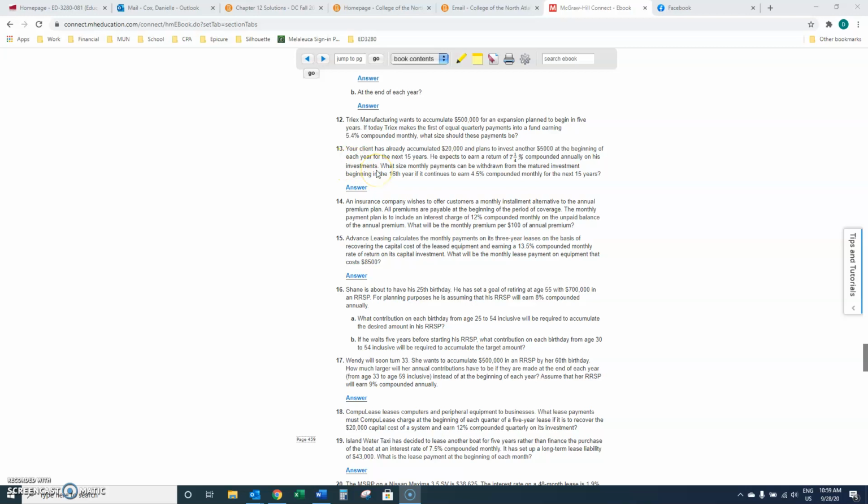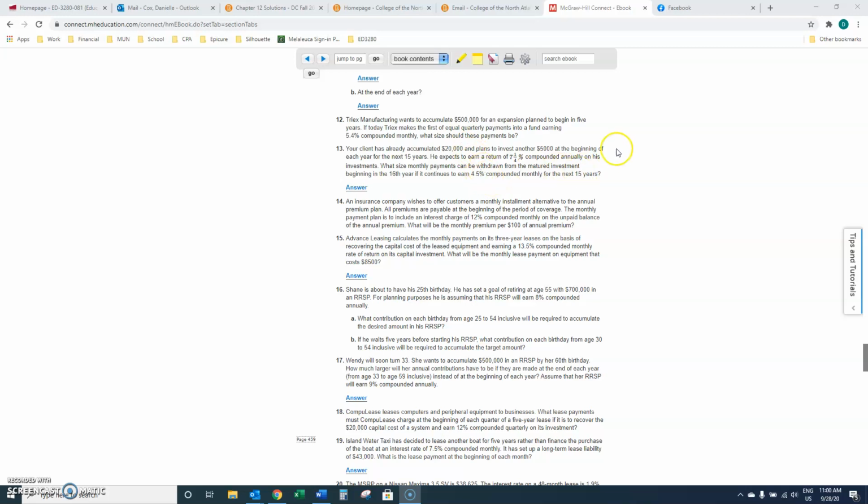From that amount of money, after 15 years, he wants to buy an annuity. How much of an annuity can he buy that will pay him monthly payments for the next 15 years, if that earns 4.5%? So it's two different things we're going to work out.